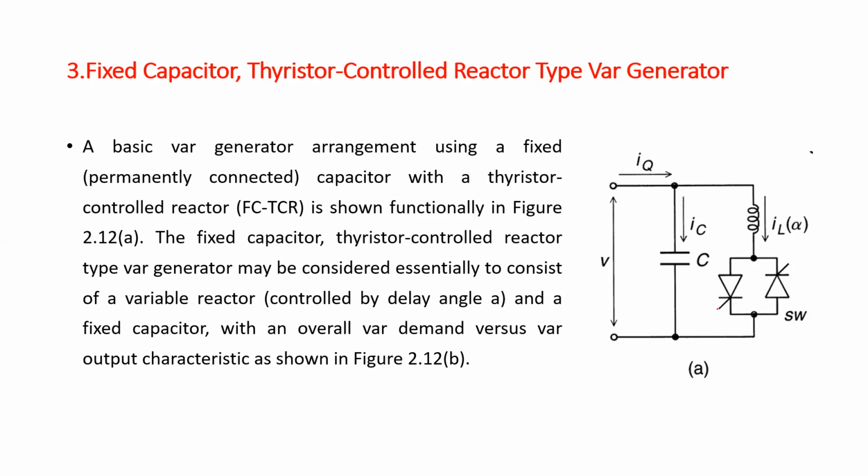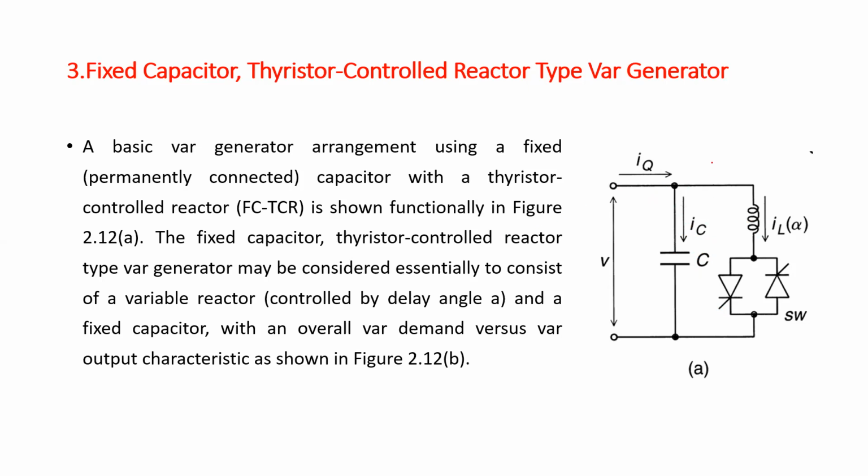As soon as the firing angle changes, the total reactive power, which is the combination of capacitive reactive power and inductive reactive power, because both are opposite to each other, is delivered to the system, either as absorption or generation of reactive power.